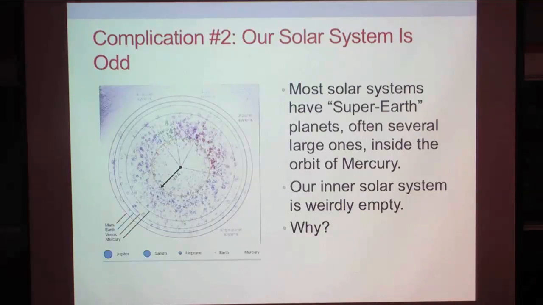Is this normalized for the size of the sun or mass of the sun? No. The size on this diagram, the size of the dot is the size of the planet. Now, it turns out that most of the extraterrestrial planets have been detected around relatively smaller stars than the sun for a couple of reasons.